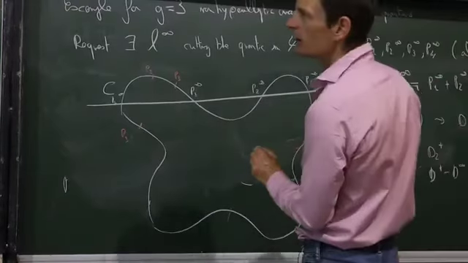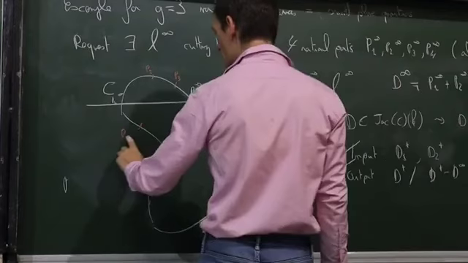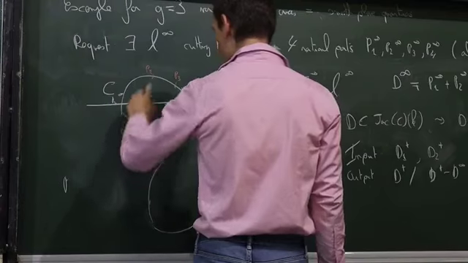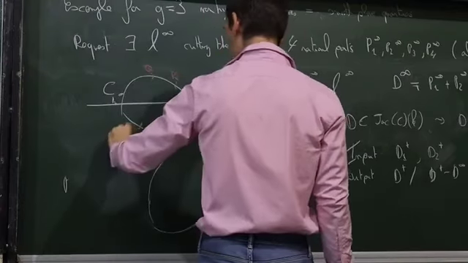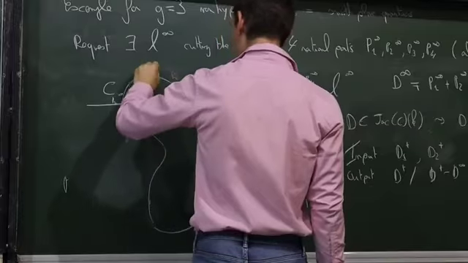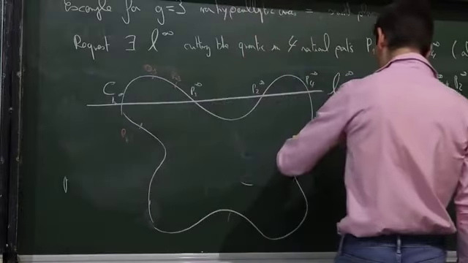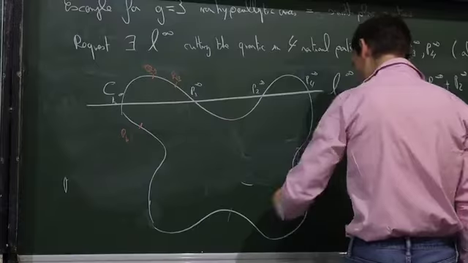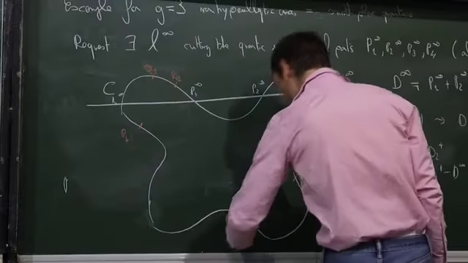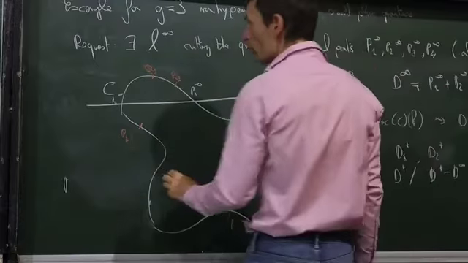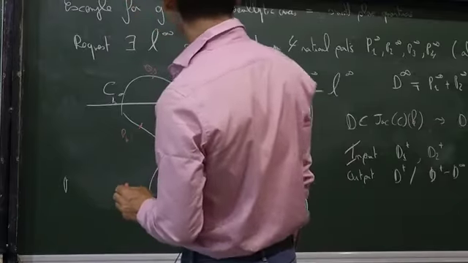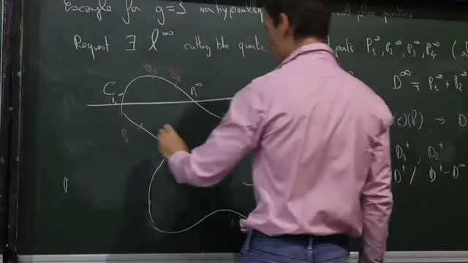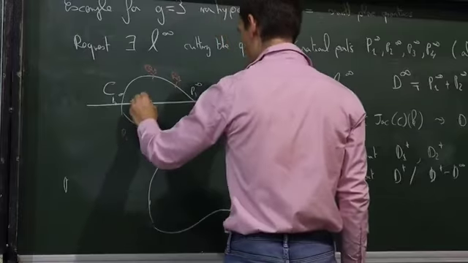So P, Q, R, P1, Q1, R1, and P2, Q2, R2. And then I go through the points also P1 infinity, P2 infinity, and P4 infinity, so something like this.